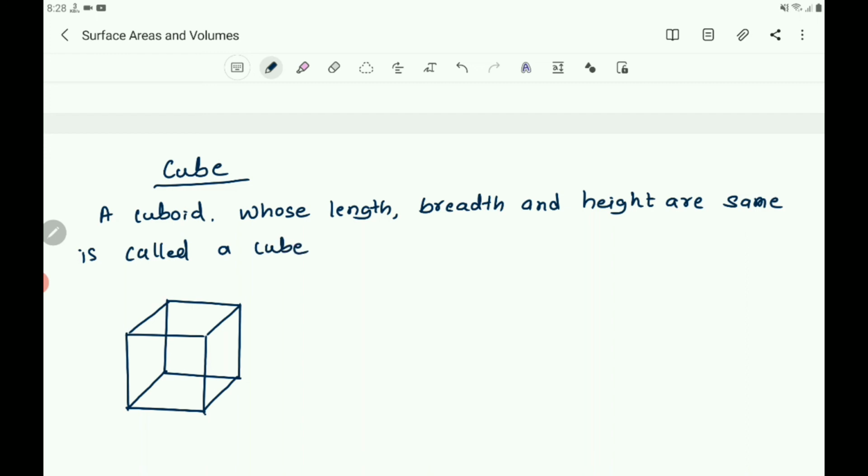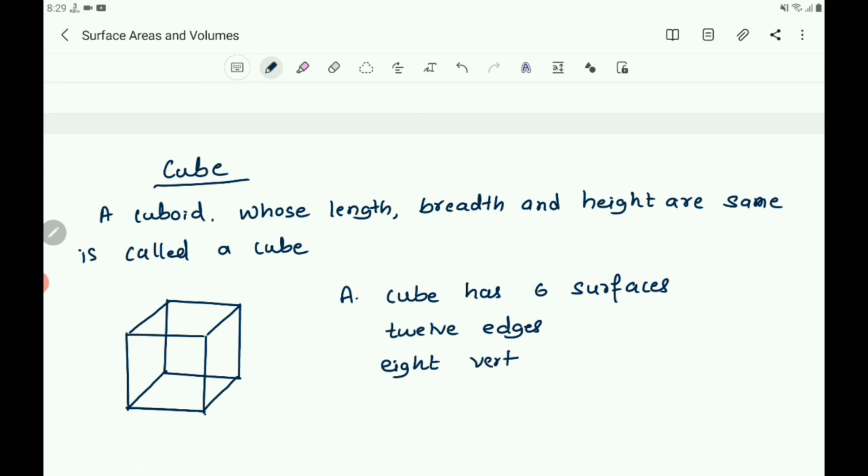And you write that a cube has 6 surfaces, 12 edges, 8 vertices.